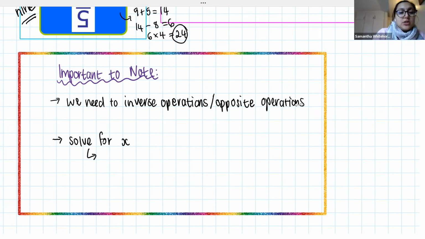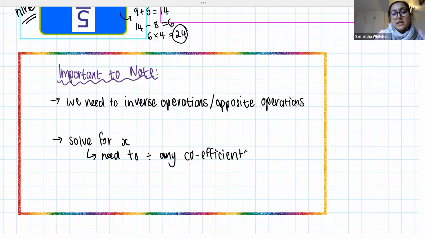So we always need to remember to divide away any coefficients. Any number in front of our x we need to get rid of, because I want x alone. I don't want 2x or negative x or a half x. I just want the value of x alone. Those are the two really important things we need to remember when we get to our equations.